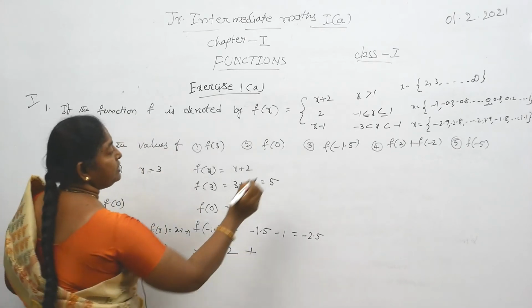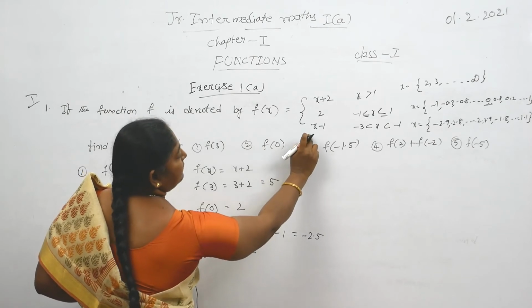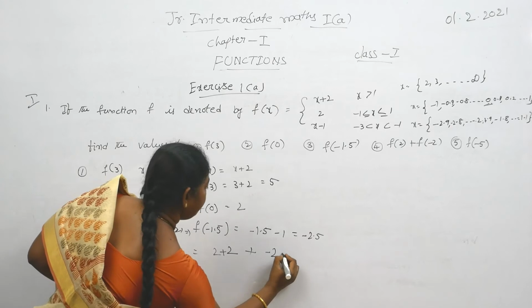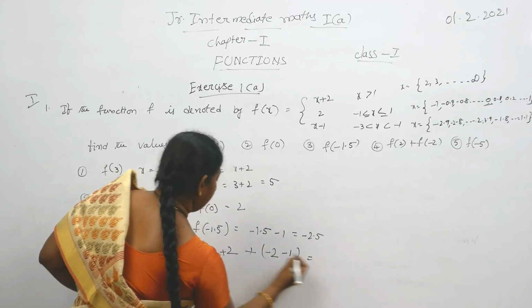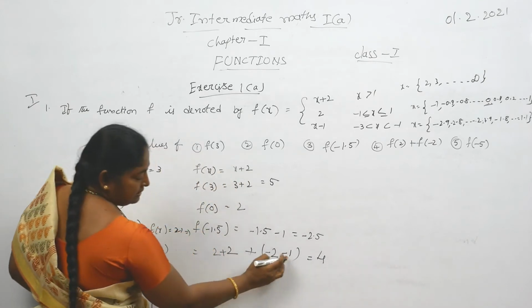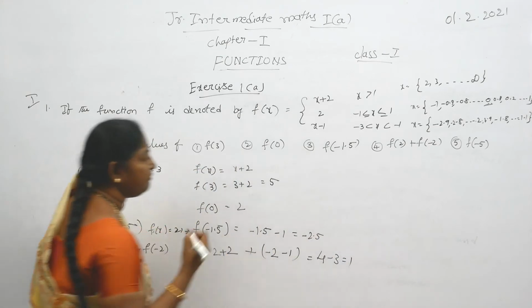Then minus 2 means that is in the third condition, so minus 2 minus 1. So that equal to 4 minus 3, equal to 1.